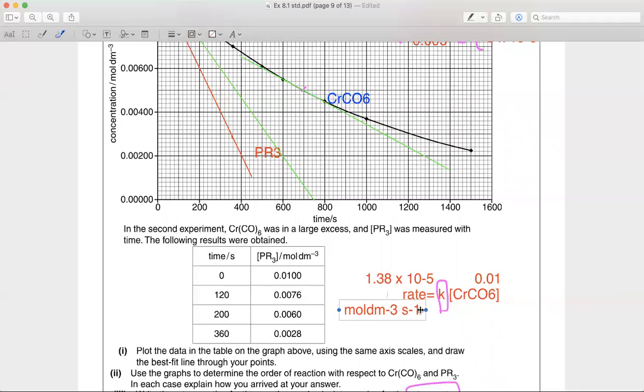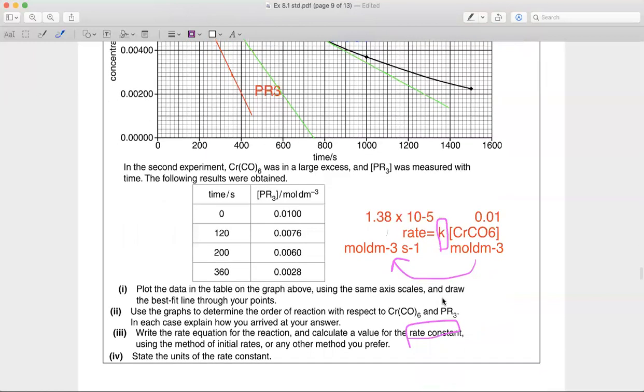So the rate has a unit of mole per dm cube per second, and that chromium complex has a concentration of mole per dm cube. So when you want to solve for k, obviously you would bring the concentration term to the other side, so you can see that the mole per dm cube cancels out. And that should give you the unit of k, right?